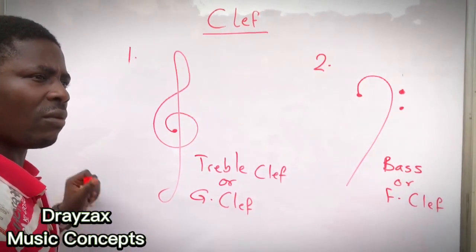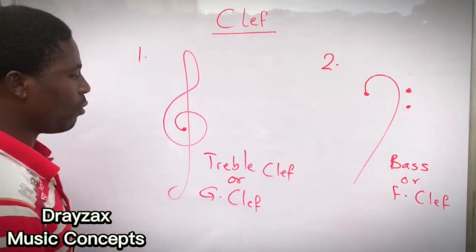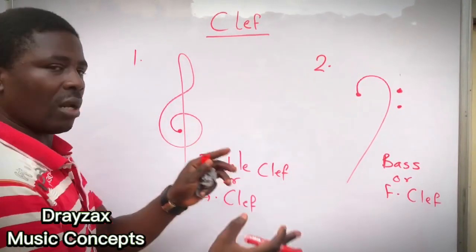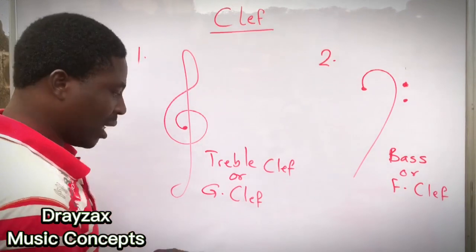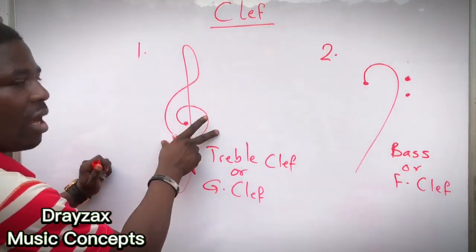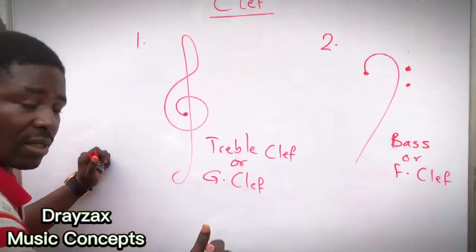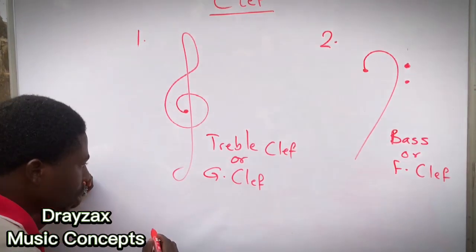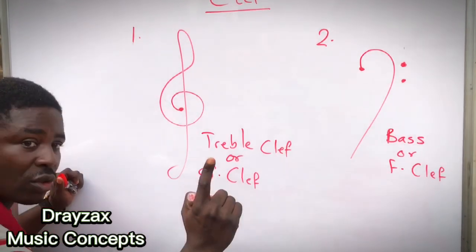What is treble staff? Treble staff is the combination of treble clef and the staff. So you draw a treble clef on the staff, just like this. This is where we're going to stop today.